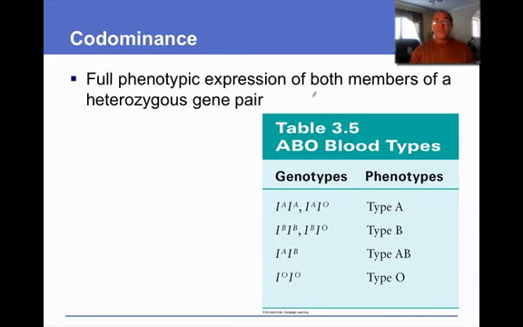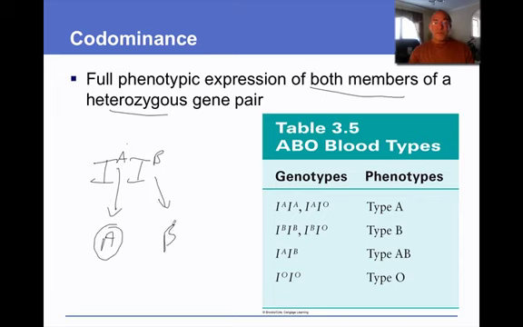Codominance is where you have expression of both members of a heterozygous gene pair. So in this case, you can have a genotype that looks like this, and this produces the A protein, this produces the B protein, and so both are dominant. We have codominance between these different alleles. Neither one of them is recessive.